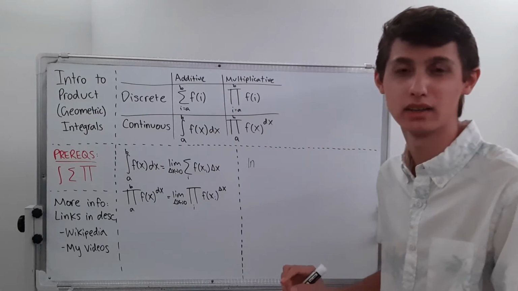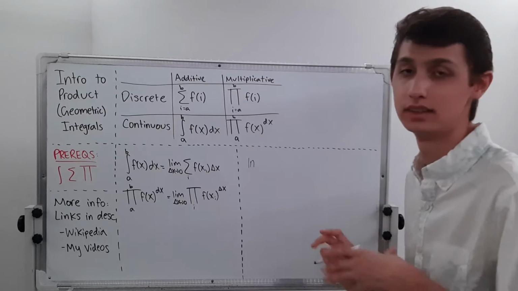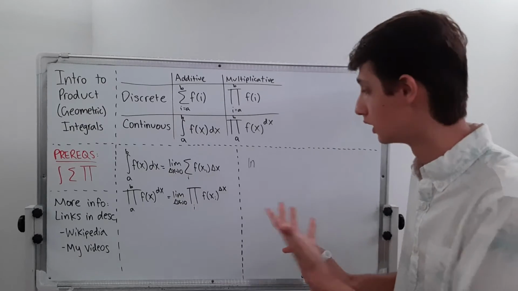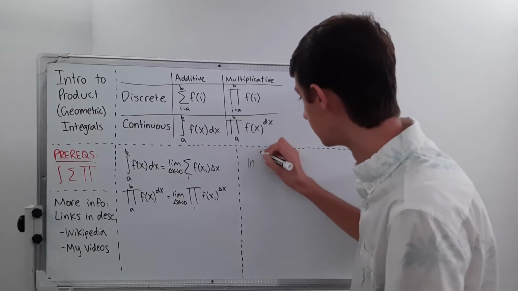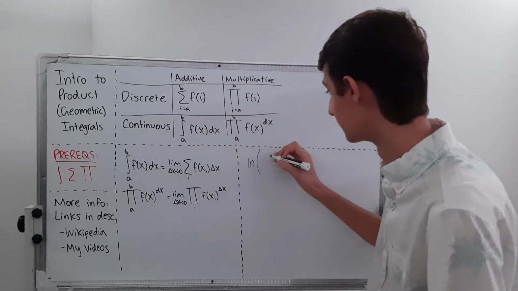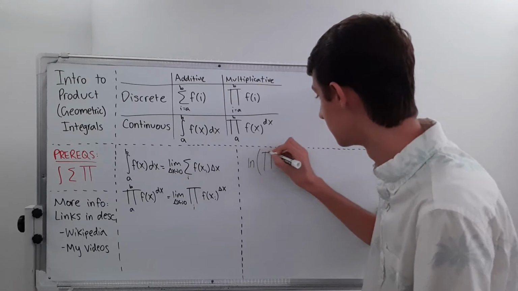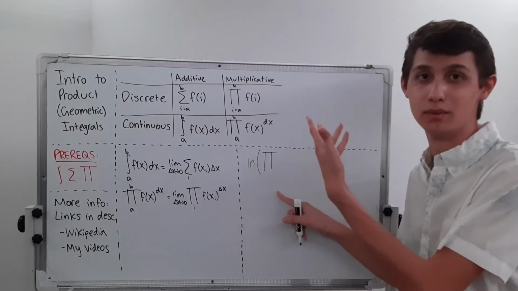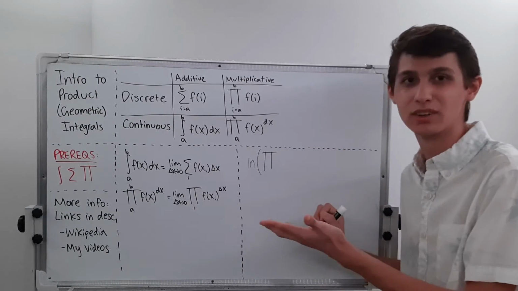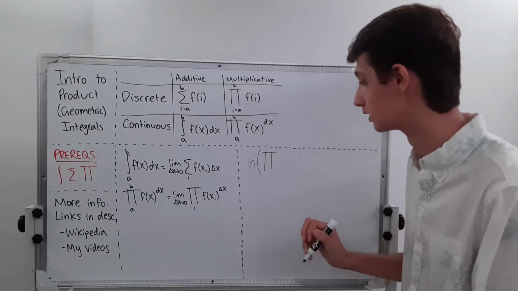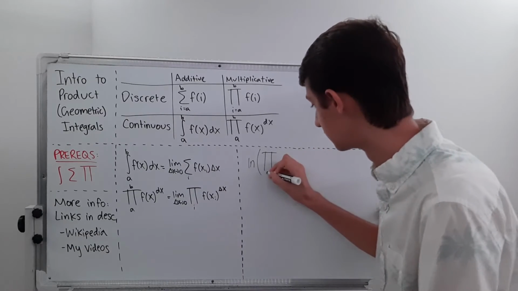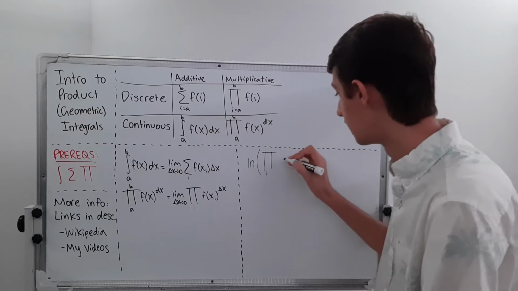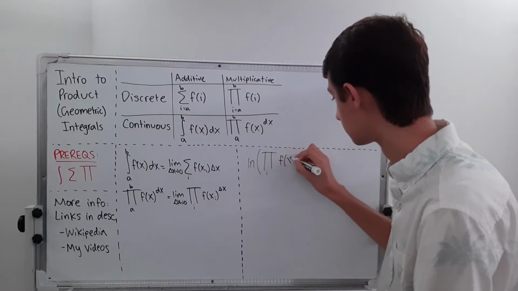I could use any logarithm, but the natural log is the easiest to work with in calculus in general, so we're just going to be using that. It's going to be a big parentheses because we have the product, and I'm not going to put bounds here, but you can think of this as from A to B if you want, but it's really not necessary, it's just kind of confusing. I'll put the index though, it's I as our index of f of x sub I.